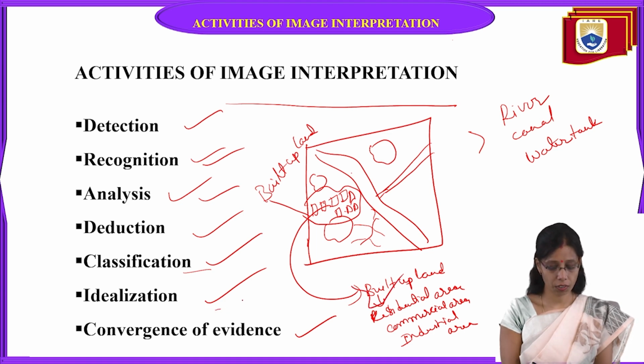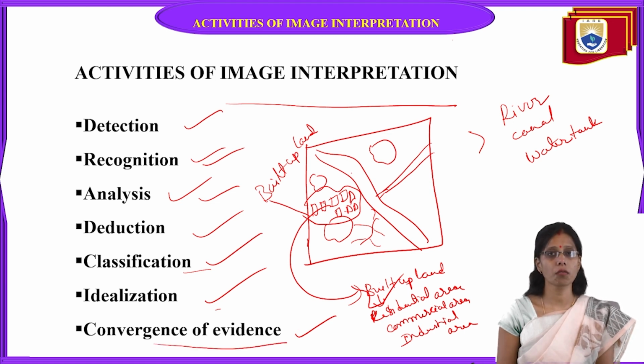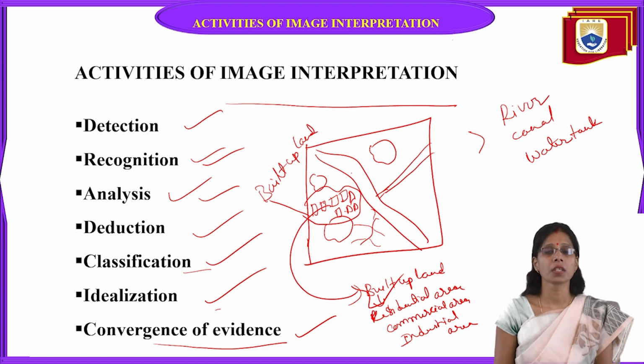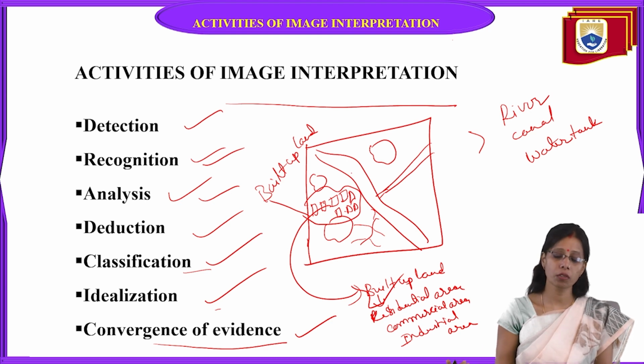Then idealization, which kind of idea we are using for this kind of identification. Further, we have convergence of evidence. Convergence of evidence means what are the proofs of what we have found. Suppose there is a river here, and suddenly the river is extended till here.